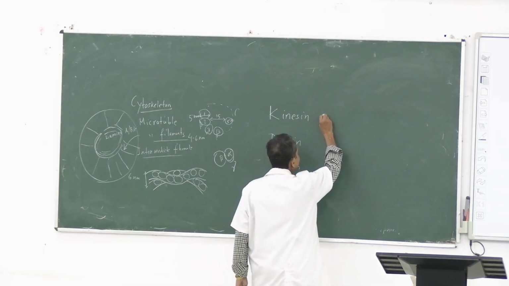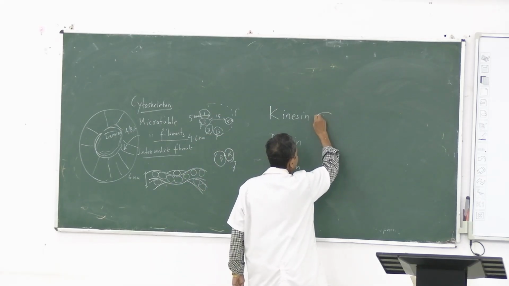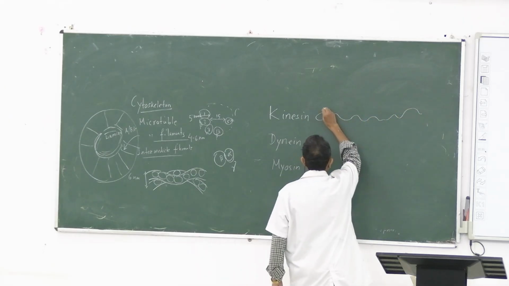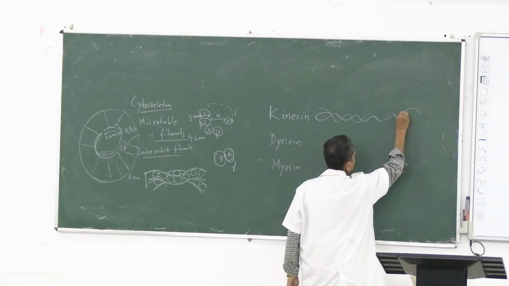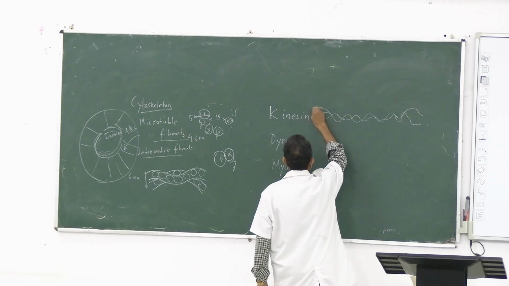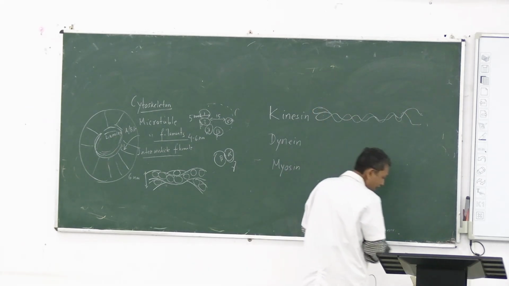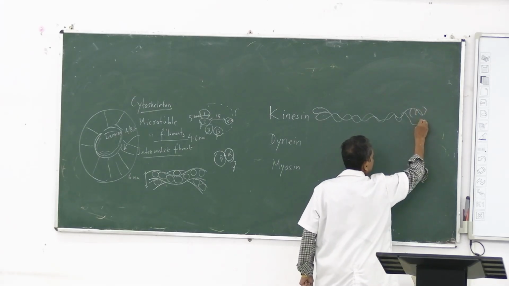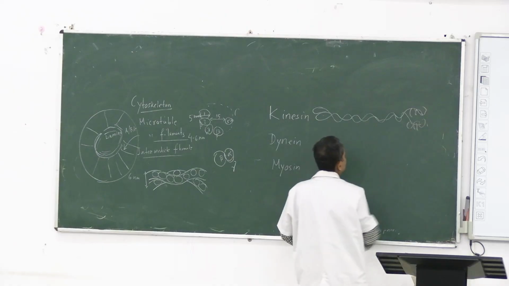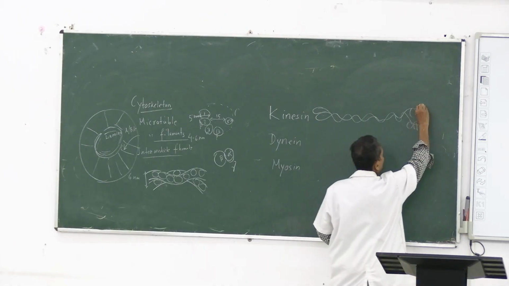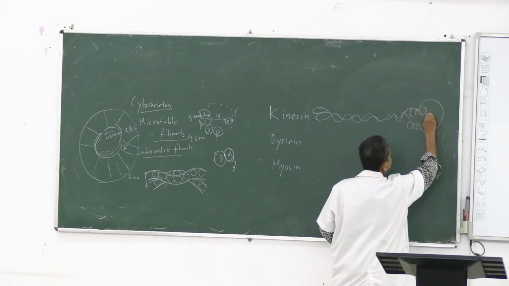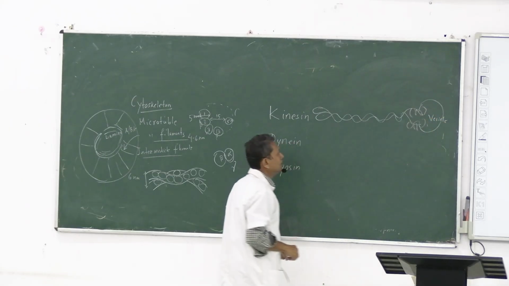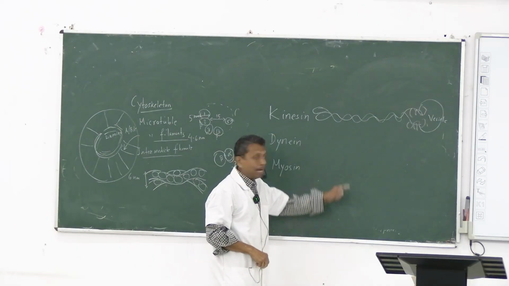Suppose the structure is in this way. There is the head part and the tail part, connected in this way. The tail part bears the cargo, basically, it can bind the cargo, and this is the head part.